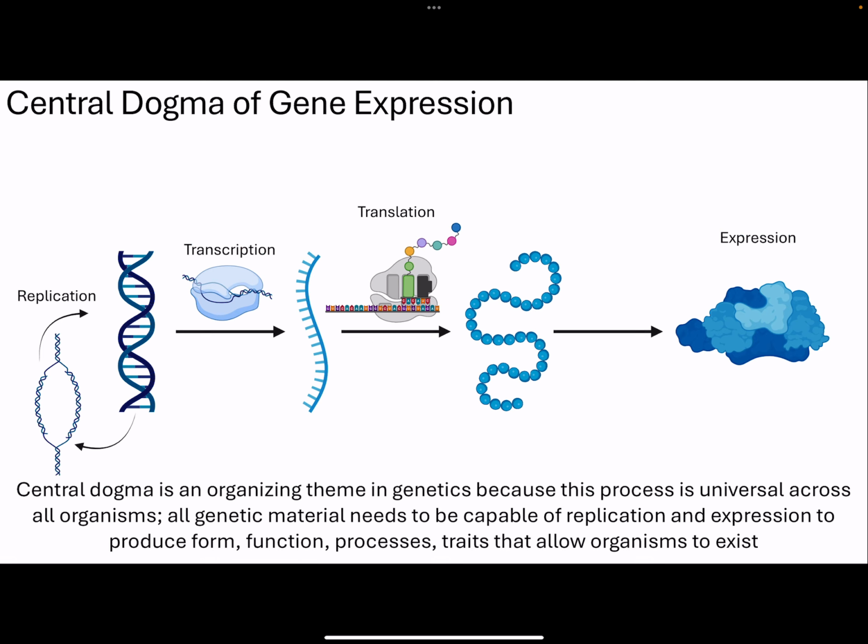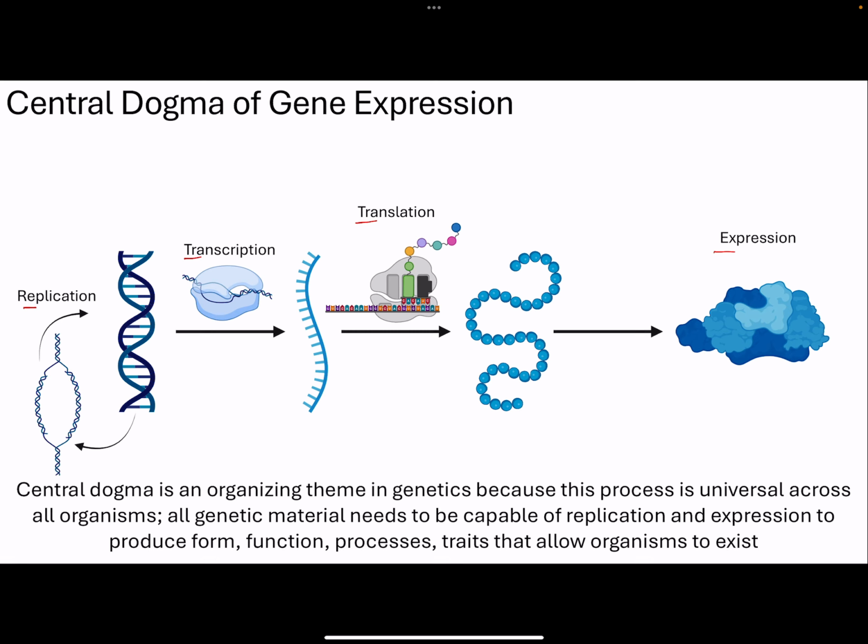This is a representation of information flow from DNA to expression. One reason the central dogma is an organizing theme in genetics is that this process of DNA replication, transcription, translation, and expression is universal across all organisms.